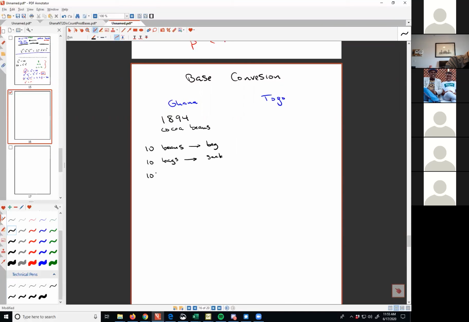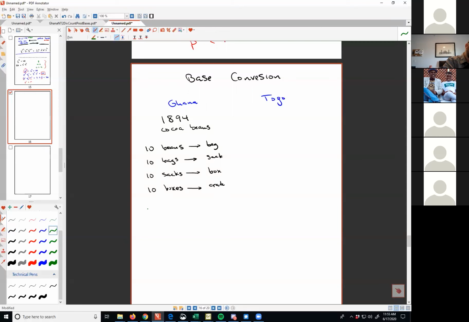Still a pretty small sack, but 10 sacks make up a box, and 10 boxes make a crate, and so on. We could make bigger and bigger groups if we wanted. So how many cocoa beans in a box? 1,000.